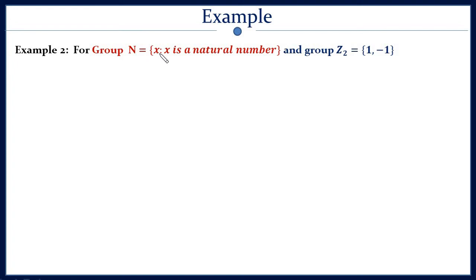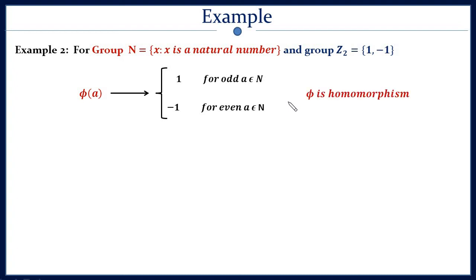Okay, so for group N and group Z2, if you define a relation phi A such that phi A will be equal to 1 for all odd A belonging to N. What it means is that all the odd numbers belonging to your set N will be mapped to element 1 of the group Z2, and all the even numbers belonging to your set N will be mapped to the minus 1 element of Z2. Then phi will be a homomorphism.